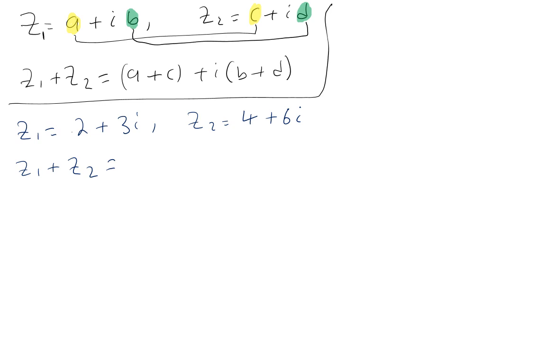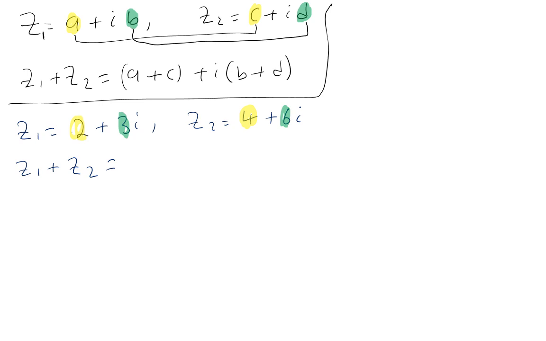To add this, the first thing is to take the real parts, 2 and 4, and add them, then also take the imaginary parts and add them.